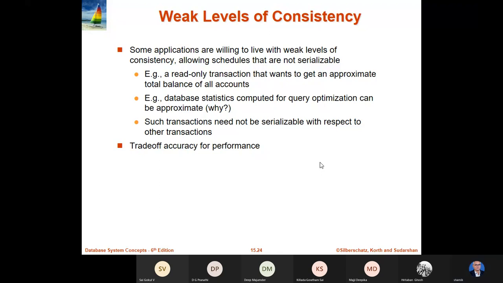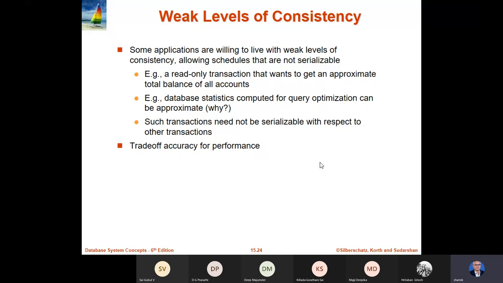Now, sometimes if you want to ensure this high or strong degree of consistency, then the concurrency tends to suffer. Suppose there is a transaction that reads a lot of data items and then displays, say, the sum of balances of all accounts in a bank.